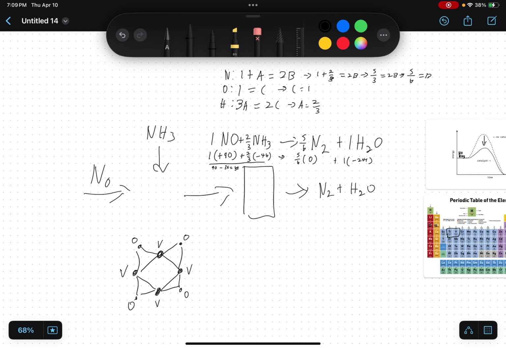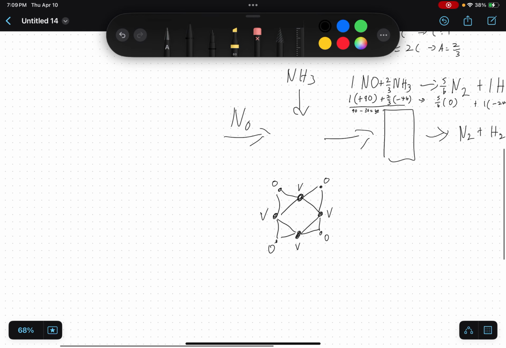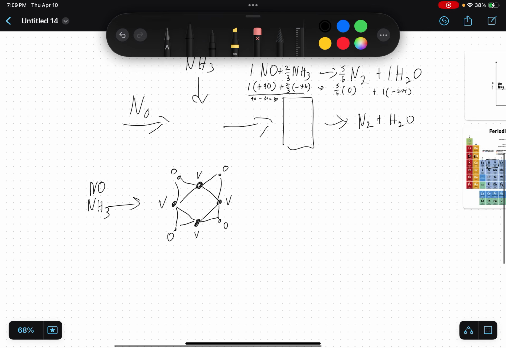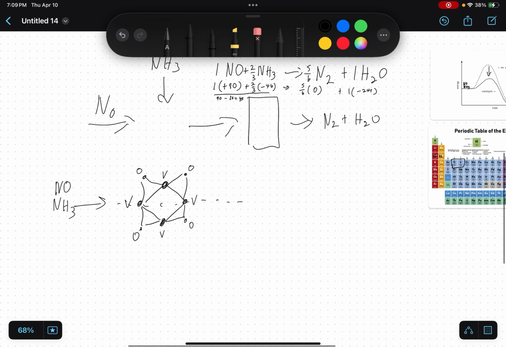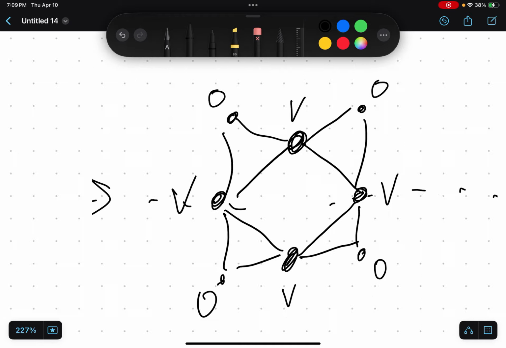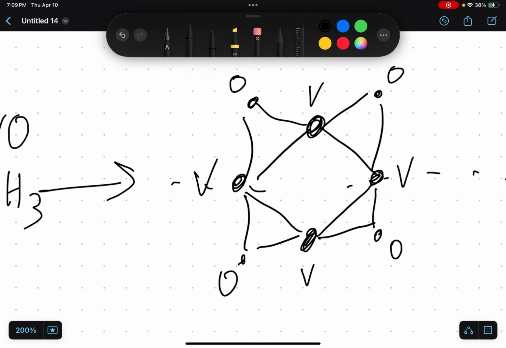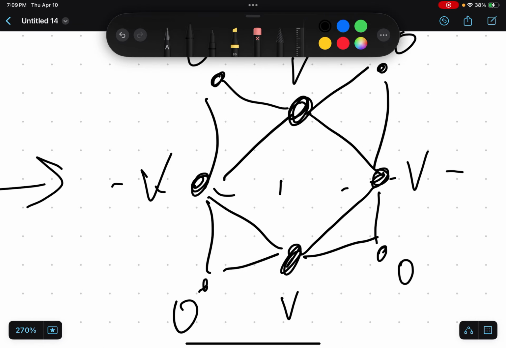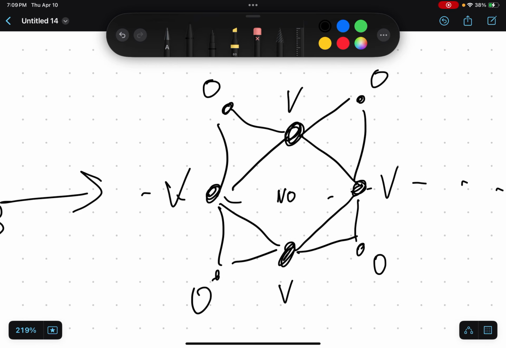So the way it works is you send your NO and NH3 through the catalyst, and what happens inside, erase this. Doesn't matter what I draw, you have your NO. And since the vanadiums are super polar, let's say they're -4.